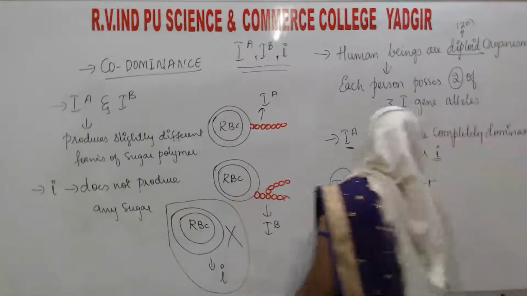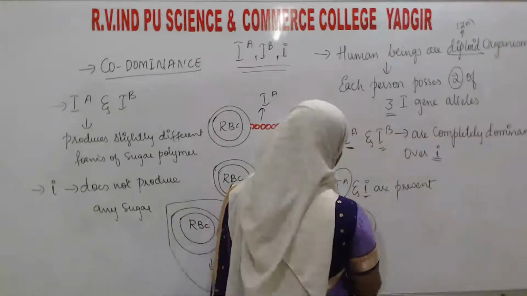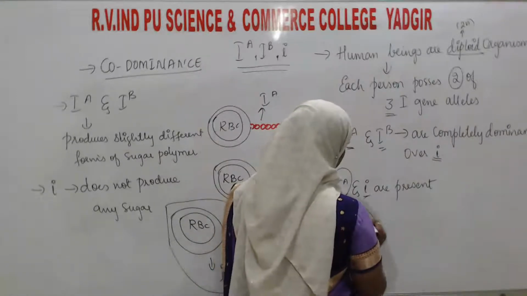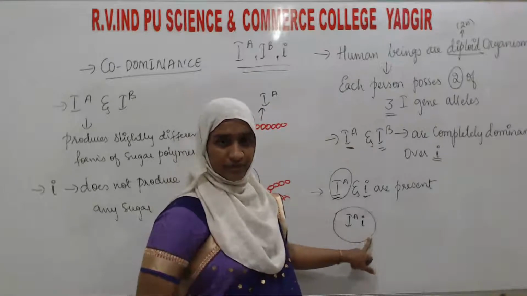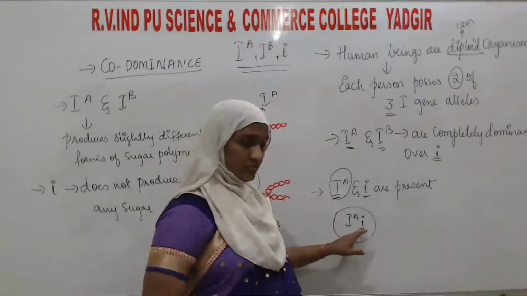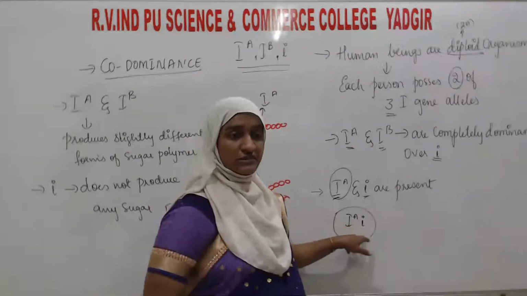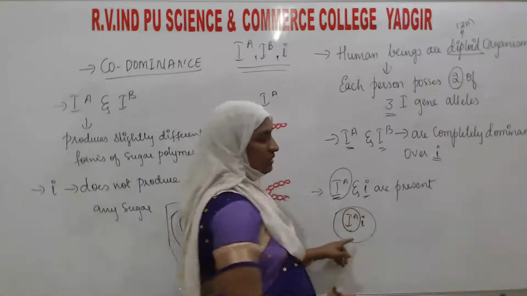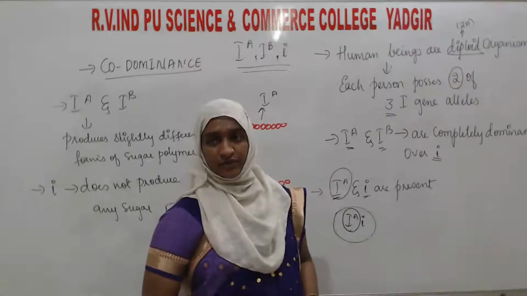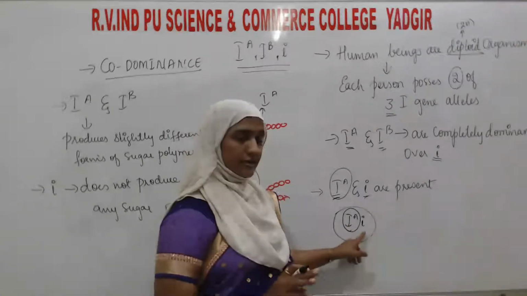For example, if you are not understanding, this is the RBC and these are the two genes, IA and small i. In between these two genes, only IA is going to express itself, but not the small i.